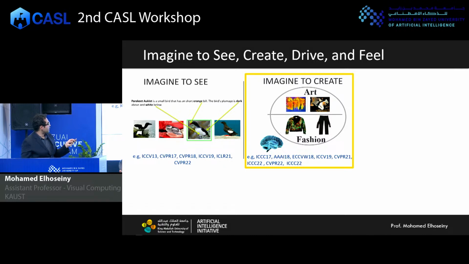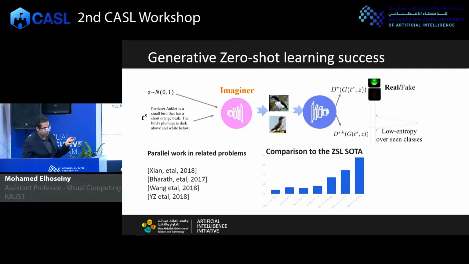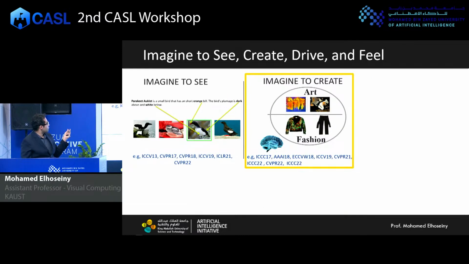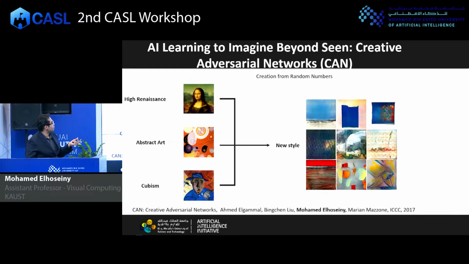Now we get to the second stop, on creation. What I wanted to show, from the past slide, is explicitly modeling imagination, because this generator tries to model this imagination, right? If you think about seeing unseen classes and understanding unseen classes, relate that to the creation of novel content.